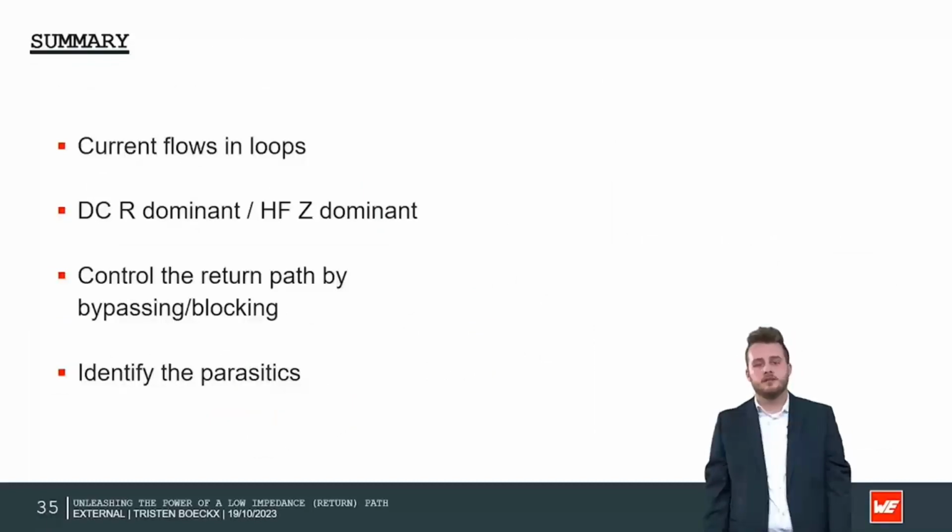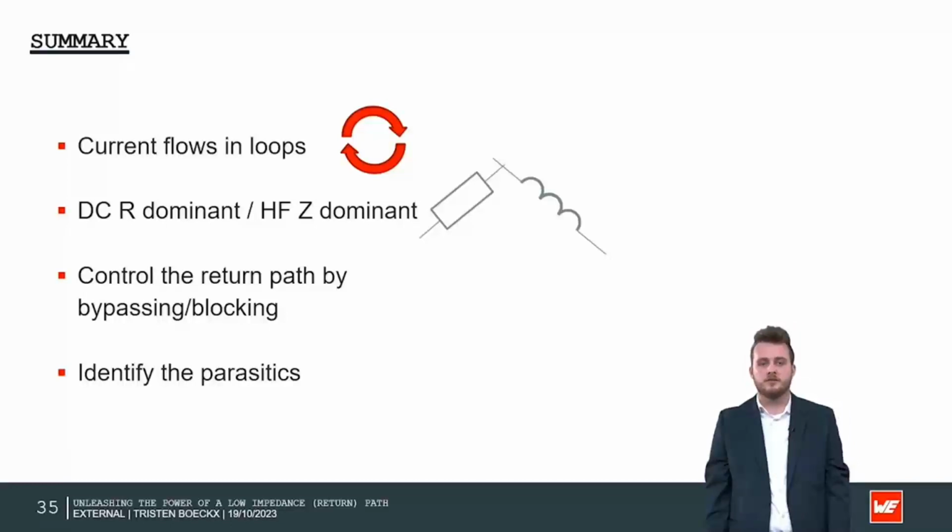At last, I want to make a short summary of the 4 most important points from my perspective. First of all, currents are always flowing in loops. Further, at DC, resistance is dominant. At high frequency, the impedance is dominant.